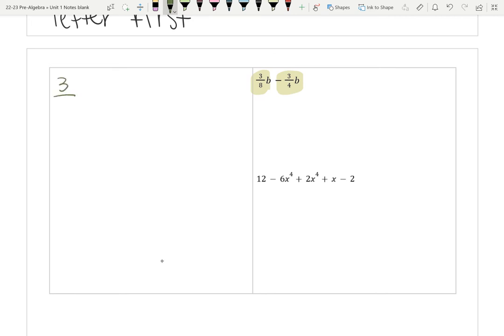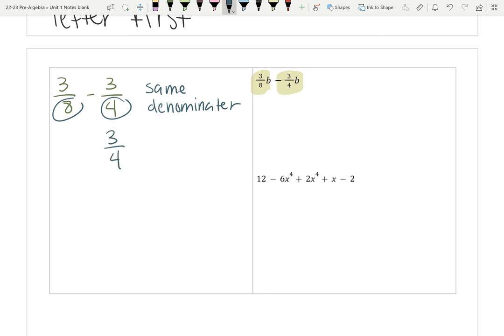So if I have 3/8 minus 3/4, I want to get these to have the same denominator, which is the bottom part of a fraction. So these need to be the same. So to get my 3/4 to have an 8 in the bottom, I'm just going to multiply it by 2 on the top and the bottom. So this would give me 6/8.